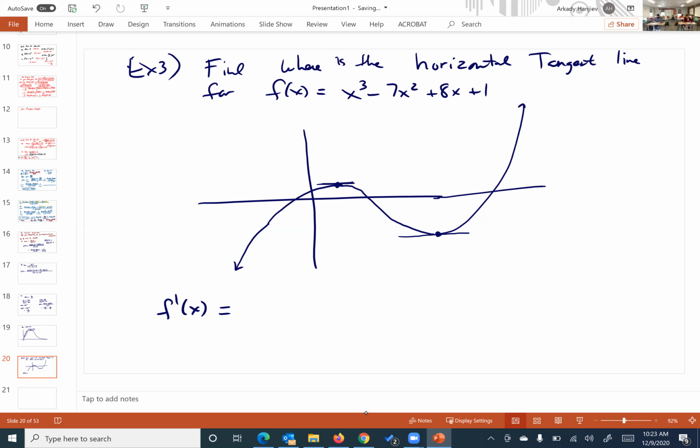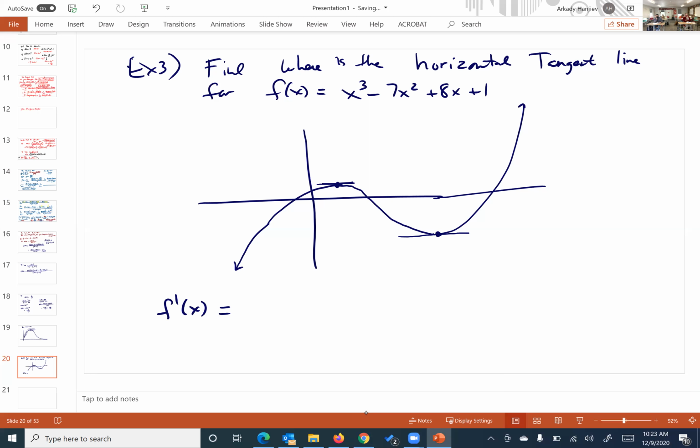Let me just break it out. So that's minus... And what is the derivative here? Can we just use the power rule and split it up into all the different sections?